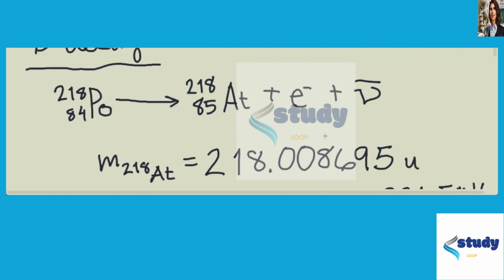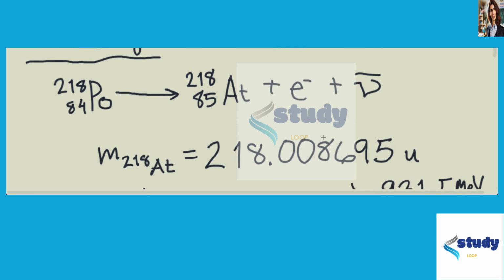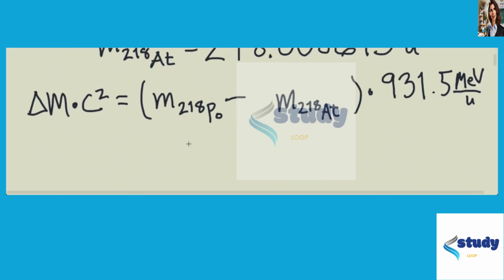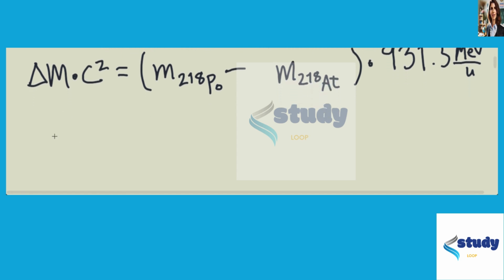Now, there is an electron coming out here, so whenever I see a beta decay, I want to make sure that I'm actually accounting for all of what's going on with the electrons in this decay. So if we do a careful accounting here, we know that the mass of the parent, which is polonium 218, that was 84.